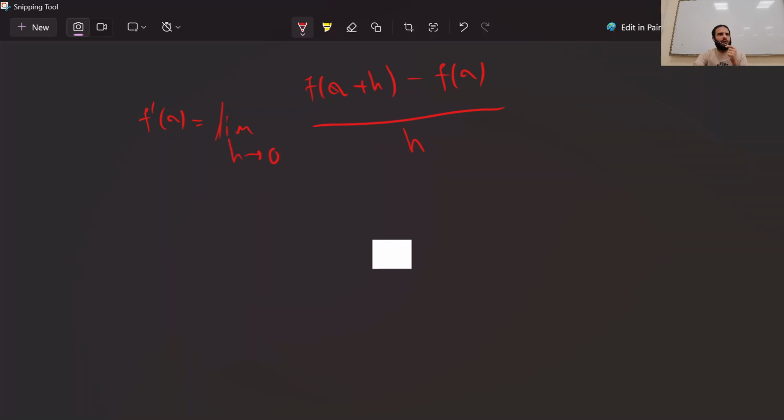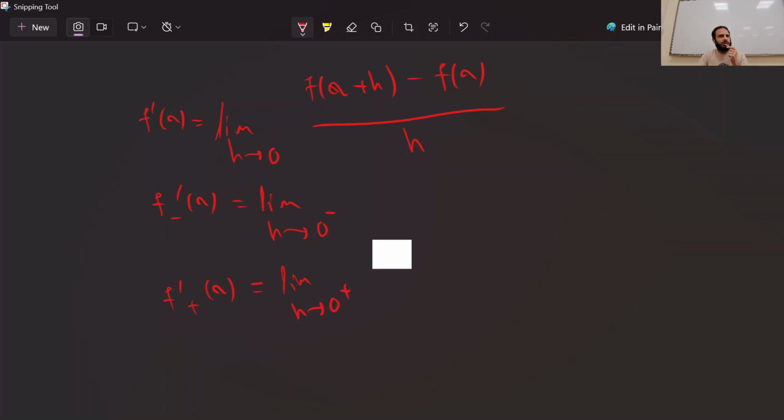But h can approach 0 from two sides, right? From left or right. So you also have the left derivative at a, which is the limit as h goes to 0 from the left. You also have f prime from the right of a equals the limit as h goes to 0 from the right of f of a plus h minus f of a over h, okay? So for the derivative to exist, we need the derivative from the left to equal the derivative from the right.